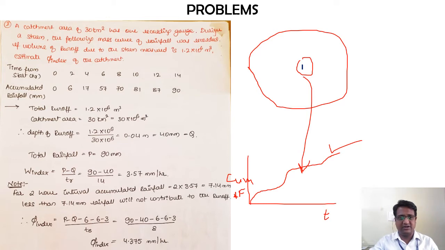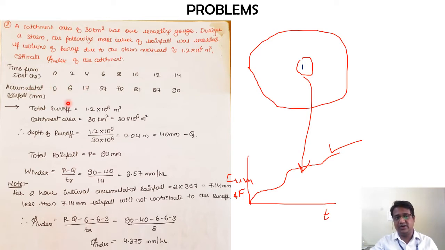Now the volume of runoff due to the storm is measured at 1.2 into 10 to the power of 6 meter cube, that is in terms of volume. Estimate the phi index of the catchment. So here also ultimately what has been asked is to determine the phi index. One thing is different over here.